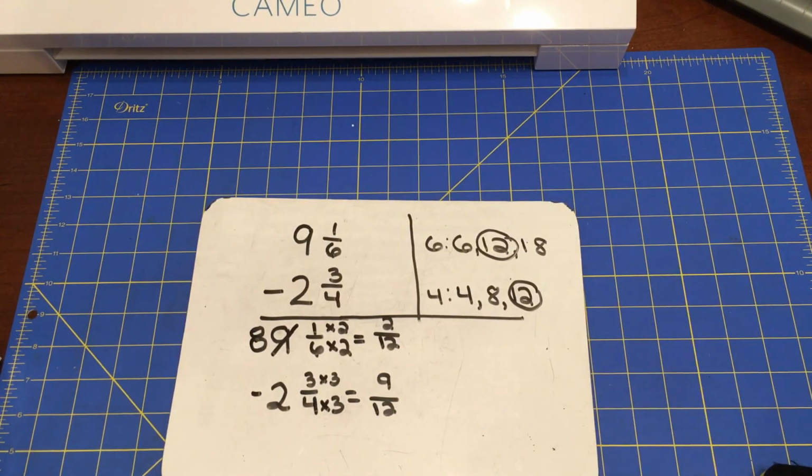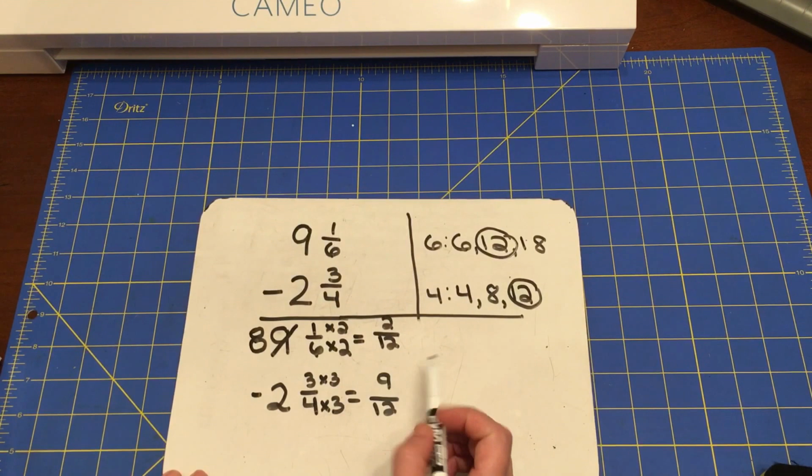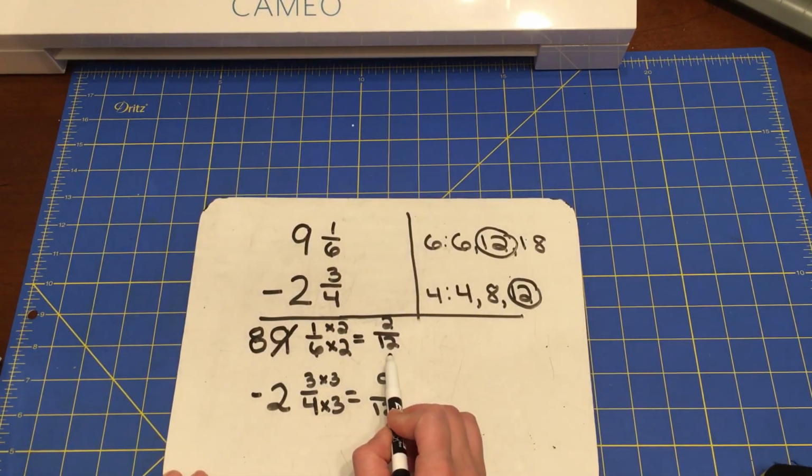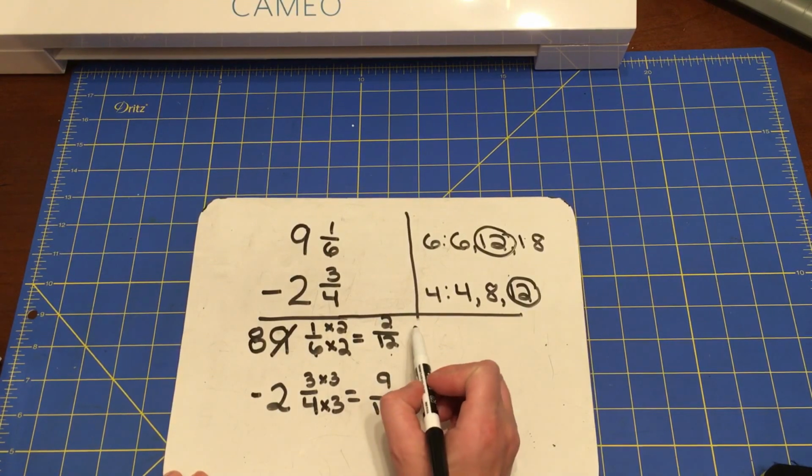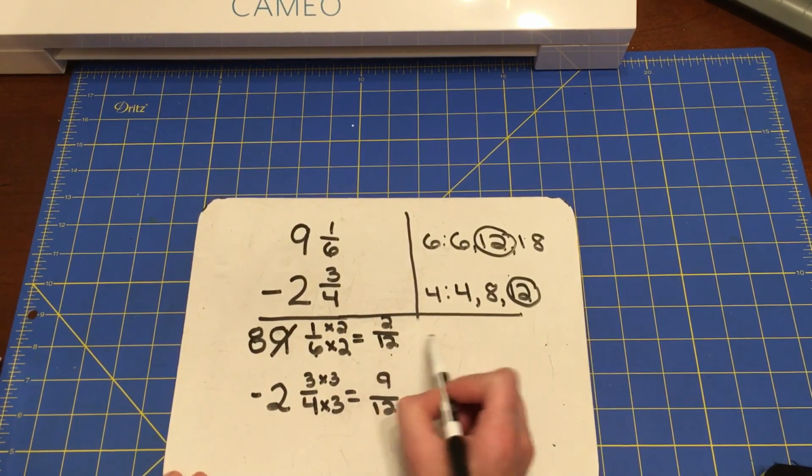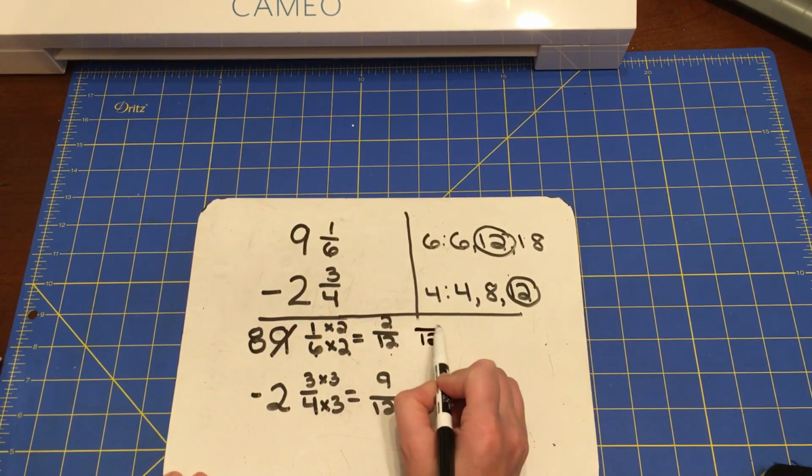I'm still going to have all of them, but instead of one big piece, I'm going to have lots of smaller pieces. To determine my whole fraction, I look at the denominator, and that determines how many pieces I'm going to have. So in this case, to make one whole, I'm going to have 12 twelfths.